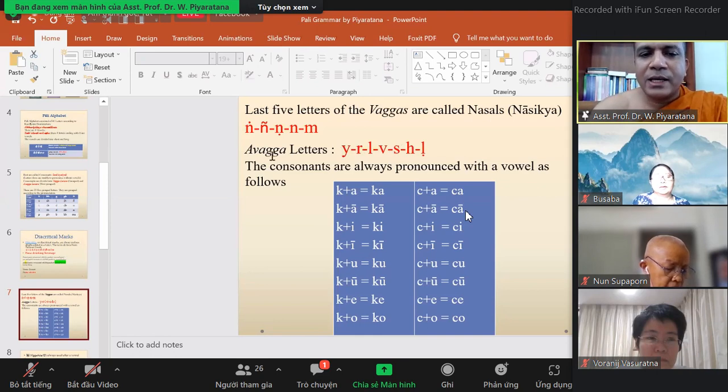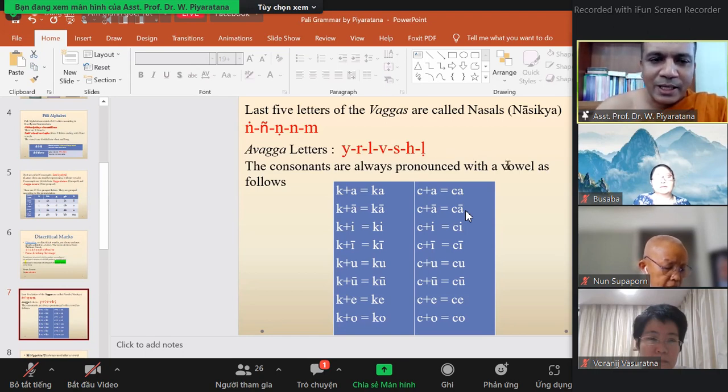They are called Avagga letters, non-grouped letters, or in another sense, semi-vowels. What are those semi-vowels? Ya, ra, la, va, sa, ha, la. These seven letters we call semi-vowels.